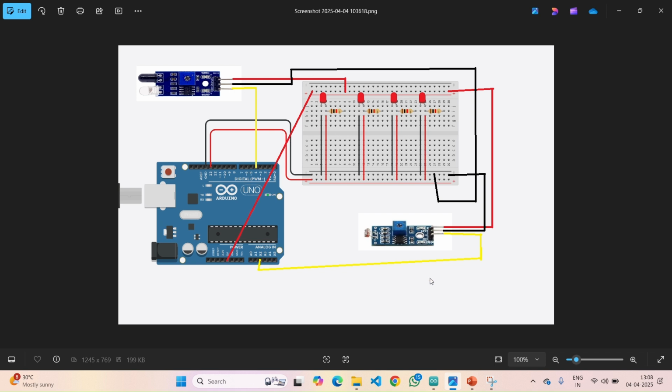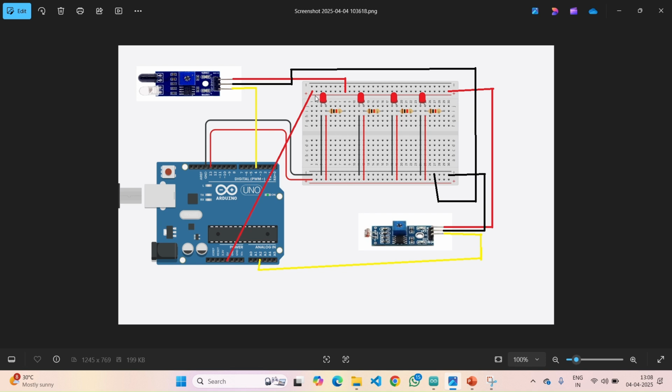Now we are going to make use of two sensors. One is the LDR sensor. One more is the IR sensor for motion detection. You can also use a PIR sensor instead of an IR sensor. Anything is fine. Now VCC, nothing but the voltage of both the sensors, I have given to the upper positive, because this bottom positive is connected with some pin, but this should be connected to voltage.